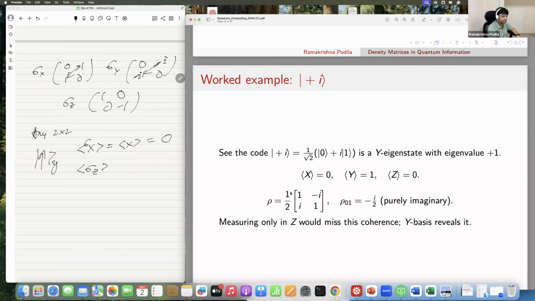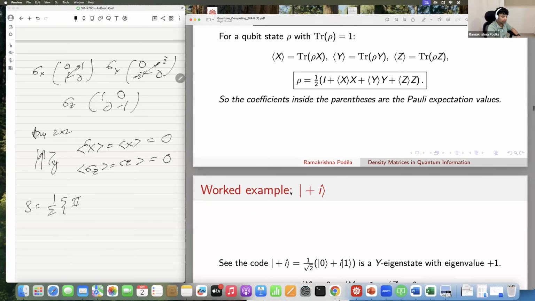Sigma Z would also be 0. So if I want to express rho, it is half times the identity matrix, like what we wrote up here, the expectation value of X times sigma X, plus the expectation value of Y times sigma Y, plus the expectation value of Z times sigma Z, and I can just make those 0 because half the time they would be spin up, half the time spin down.